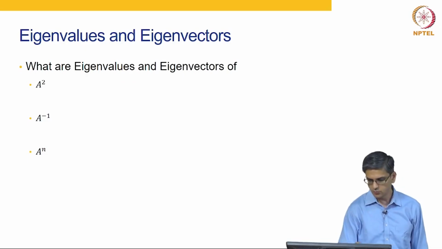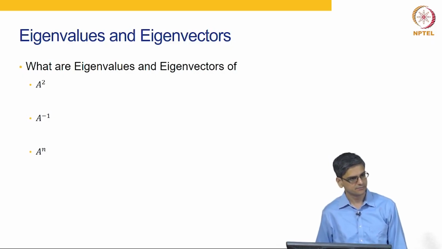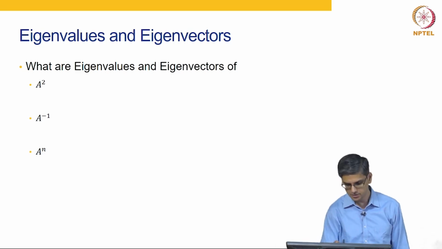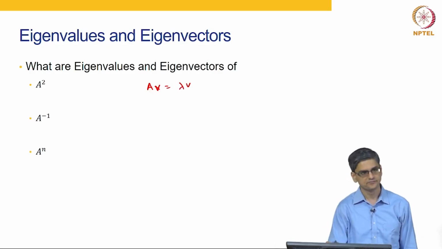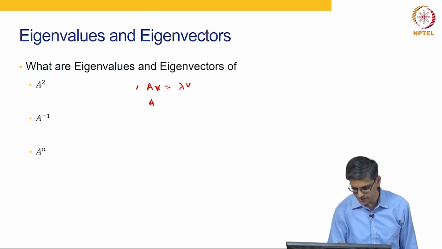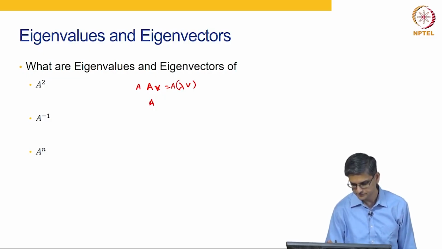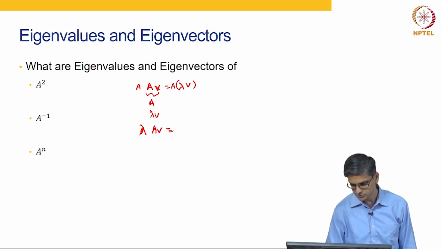So, what are the eigenvalues of A squared? What are the eigenvectors of A squared? Same, right. So, we have A V equal to lambda V, okay. Let us say we multiply this by A, okay. This can be written as lambda V. So, you have lambda multiplied by A V, okay.